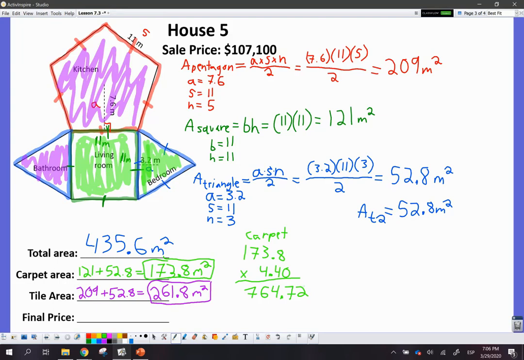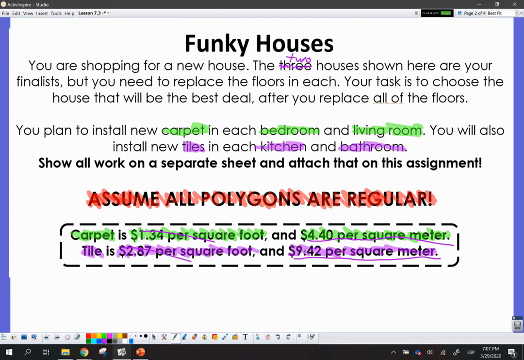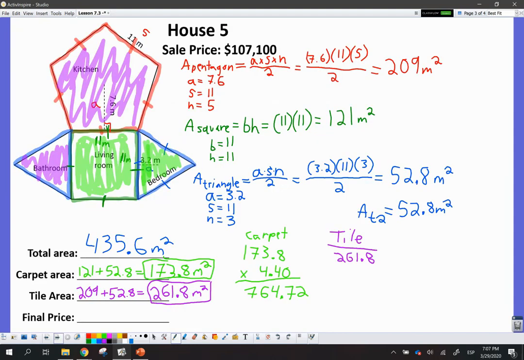$764.72. And now I'm going to do the same thing with tile. I need to calculate how much it is going to cost me to replace the tile. So I start with 261.8 because that's the area of tile that I have. And the price for tile is $9.42 per square meter. So I'm going to multiply this by 9.42.